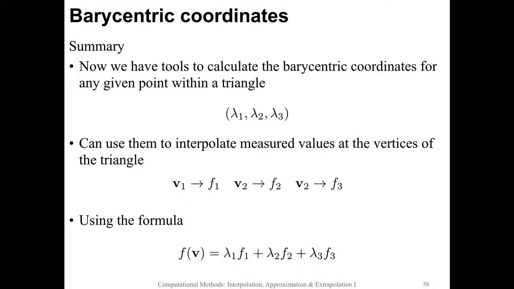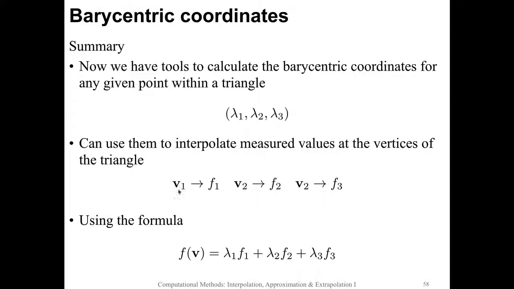So as a summary then for barycentric coordinates, we now have the tools to calculate the barycentric coordinates for any given point inside the triangle. That's our lambdas. And we can do it using a simple 2x2 matrix inversion and a little bit of manipulation. Once we've found them, then we can interpolate measured values that are given for the vertices of a triangle.